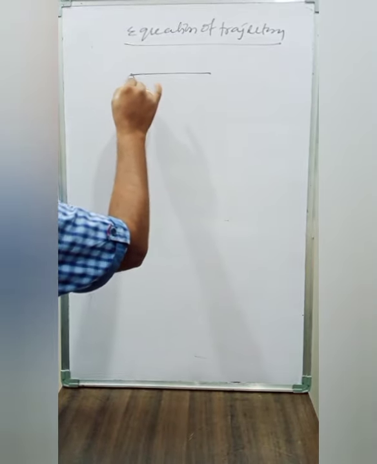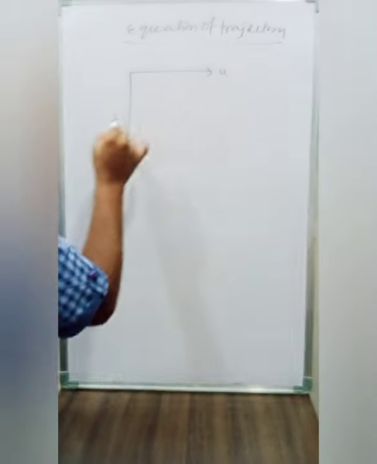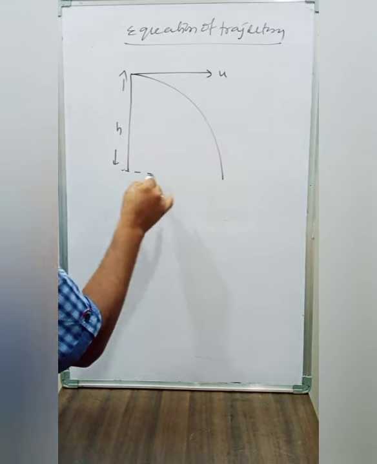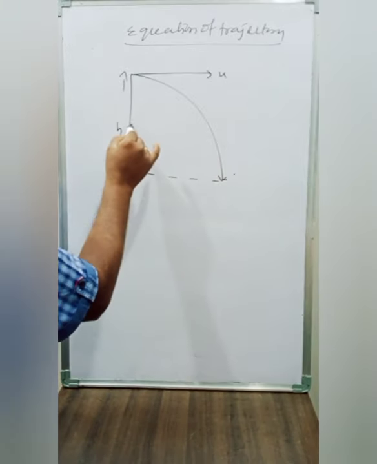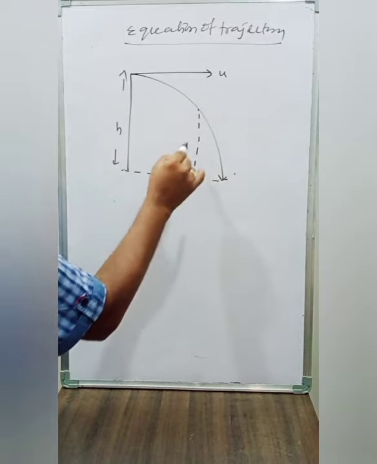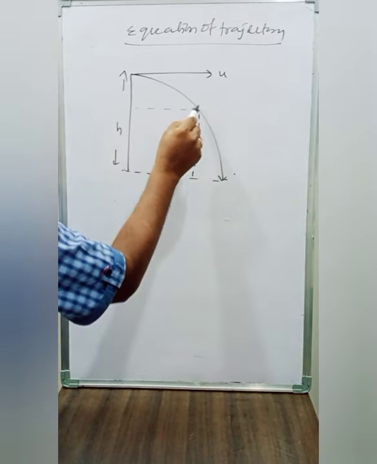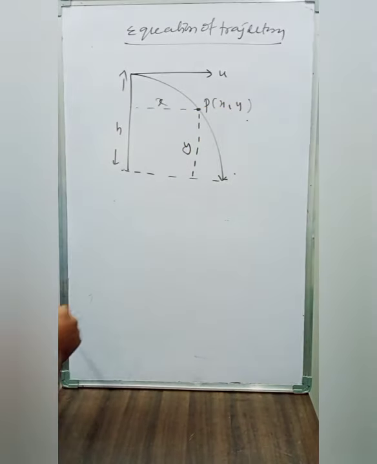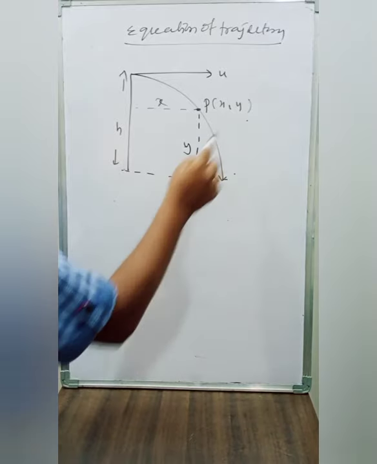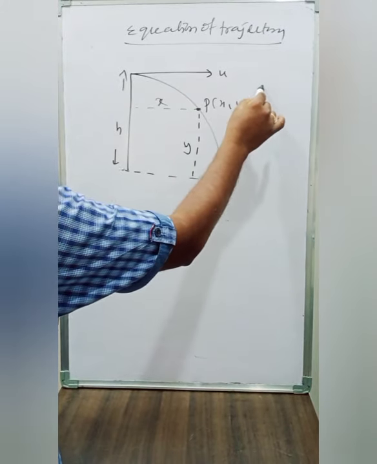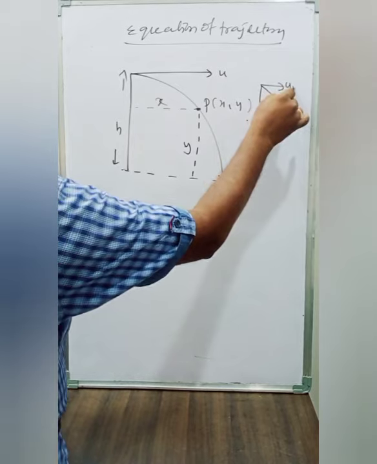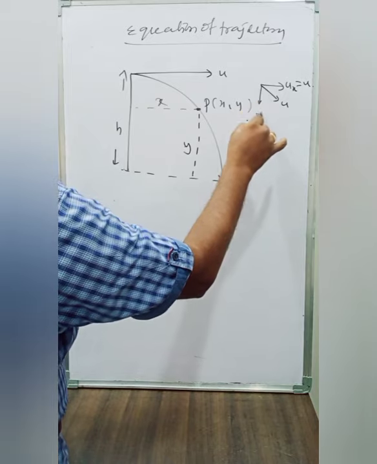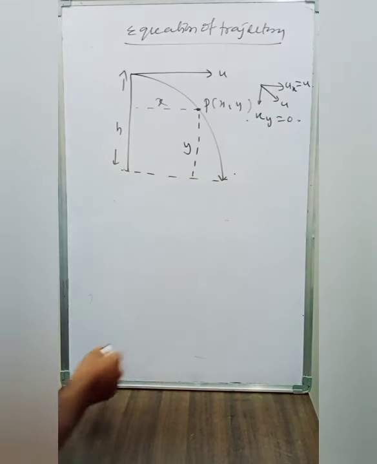A projectile is projected from the height of a building or a tower, then finally reaches the ground. The vertical displacement is y and the horizontal displacement is x at this point P, (x, y). Here the initial velocity along the x-axis is ux, equal to u, and uy is equal to 0.